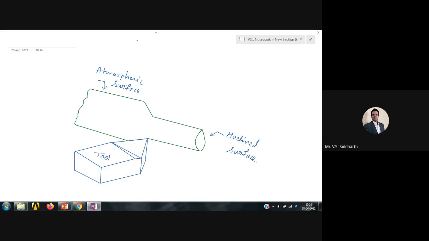Now I will draw a few planes and you have to tell me which plane that is. Let us suppose that this is the axis of the workpiece, or I can say the axis of the machine.